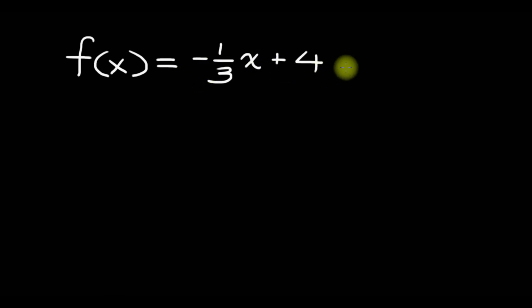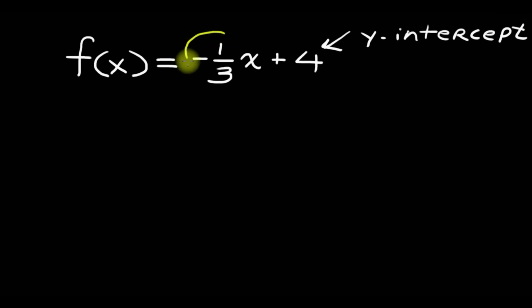So the 4 is going to be your y-intercept. And this right here is your slope.